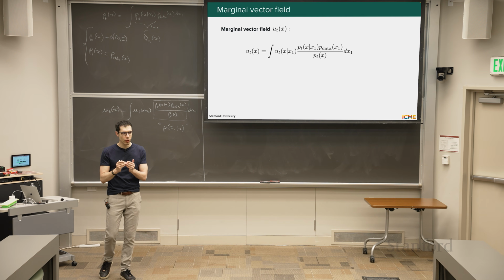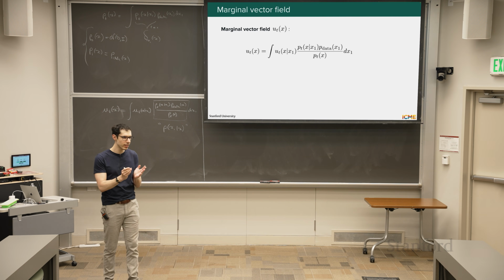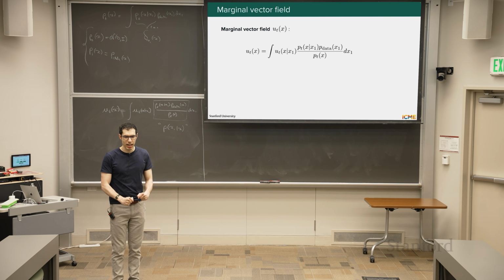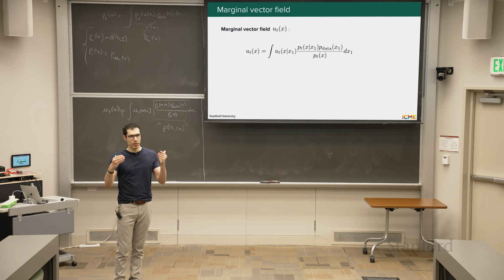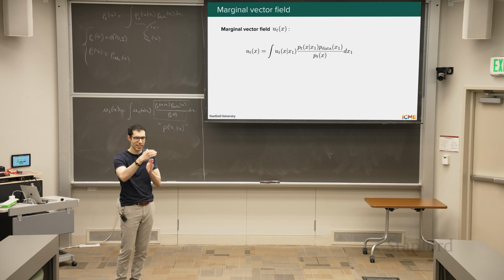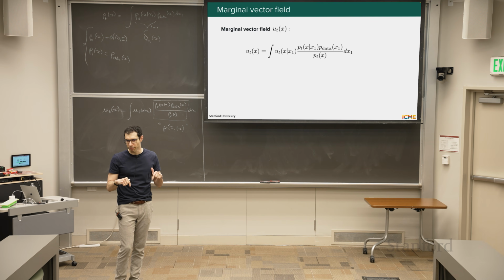So the way you're aggregating your conditional vector fields is, OK, I'm at point x, and I'm going to weight each conditional vector field with a weight that is telling me the probability of this x1 being my destination, given where I am.